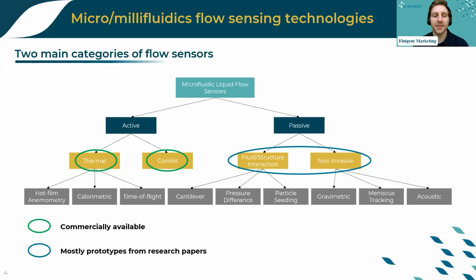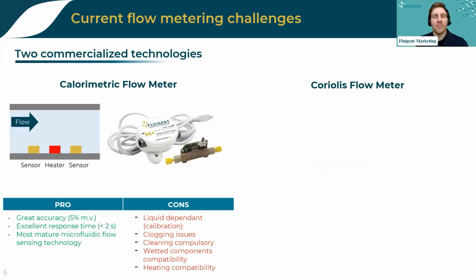As you can see here, regarding passive flow sensors, there are not many flow sensors on the market which make use of passive sensing. So we will mostly focus on the active flow sensors here, and mostly on the two most important technologies.